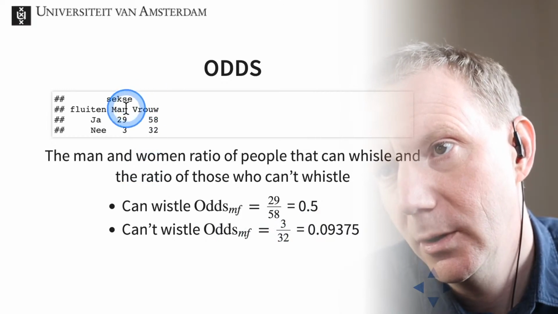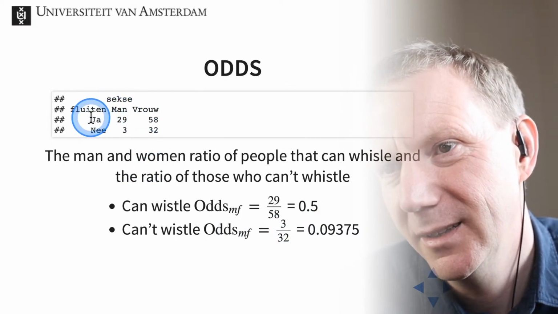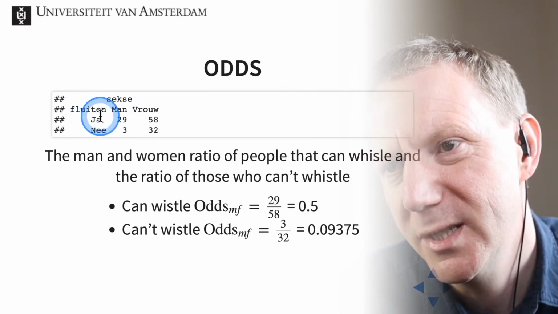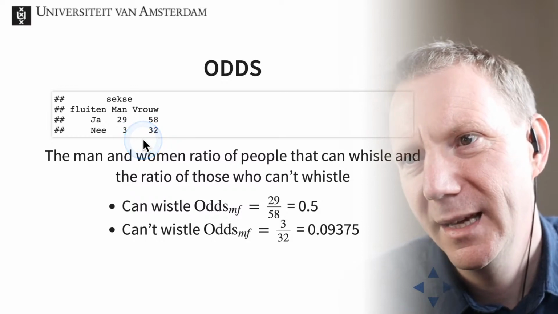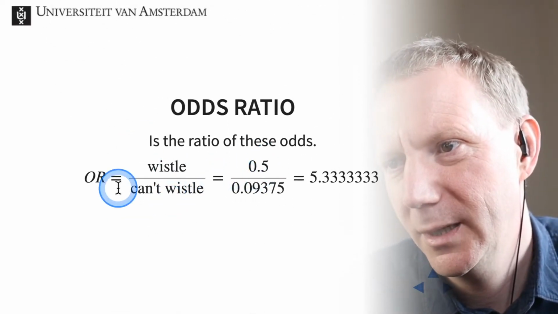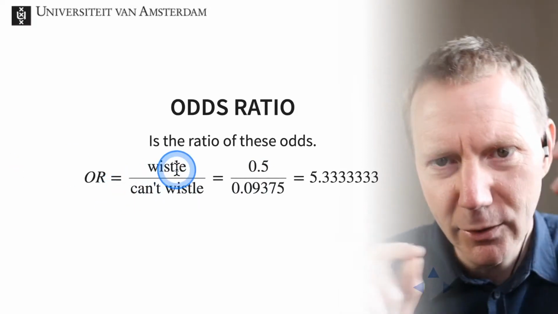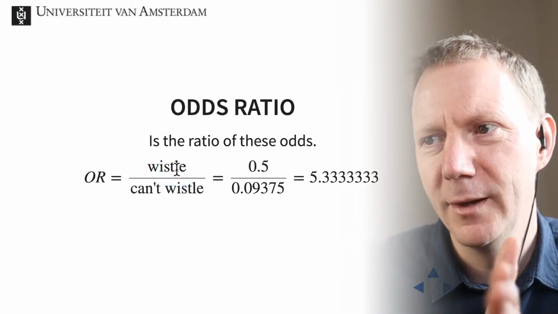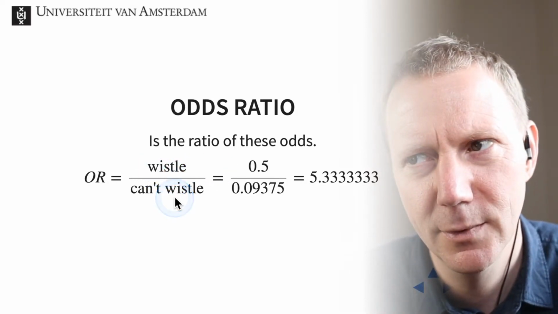I could also pit the males to females and go for the ratio of whistlers to non-whistlers and get an odds ratio instead of whistlers and can't whistle. You could calculate it in a different way, where you have the ratio of males to females. Are you getting me?